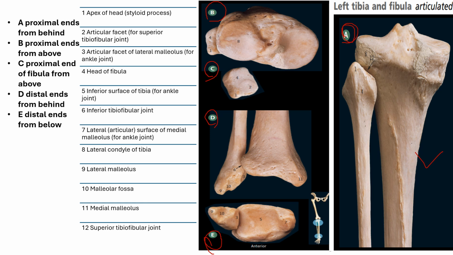Okay, so in the first figure, at the proximal end, we find the first structure, the apex of the head. The apex of the head is the top, prominent structure present on the fibula. The second structure we can see at the proximal end is the articular facet.